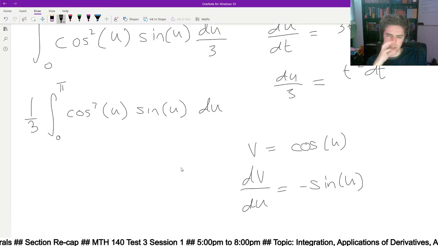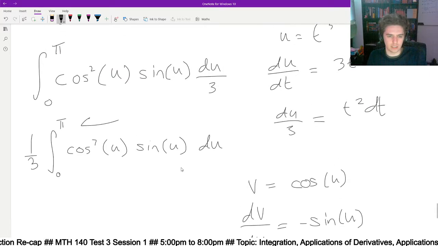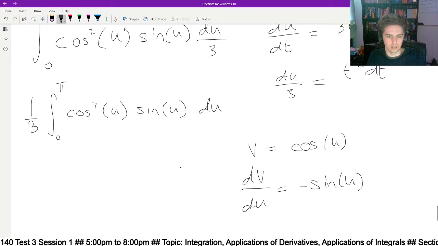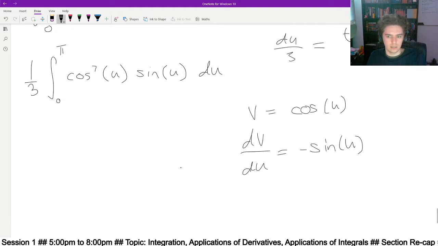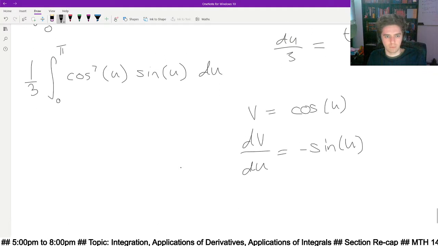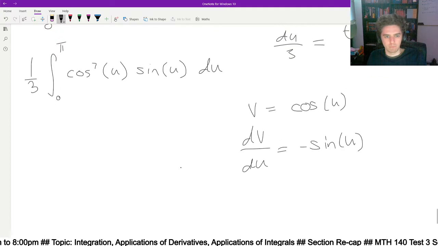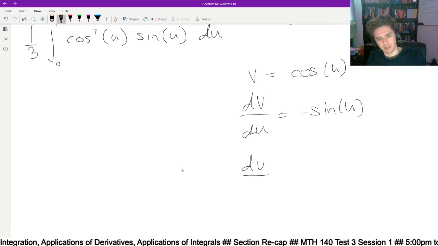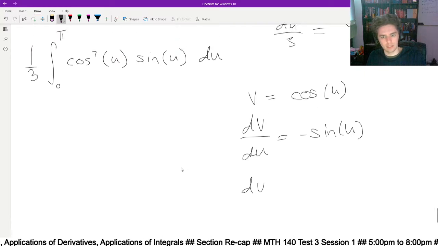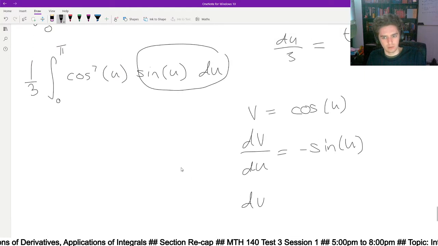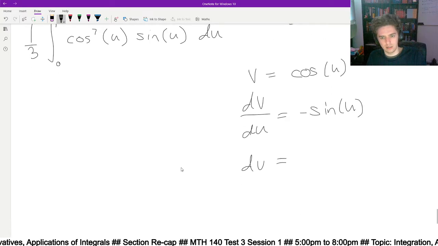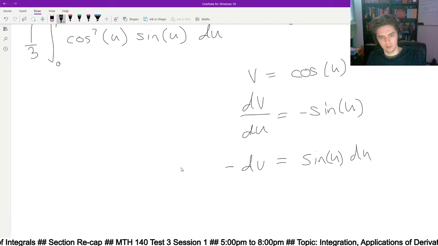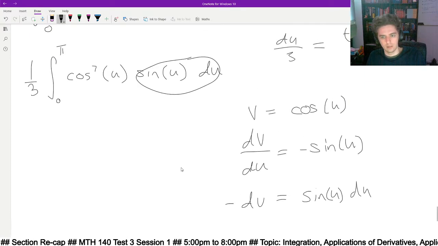Chain rule. Let's see what happens if I don't. I think I don't because I adjusted the limits of integration. Maybe that's why we're supposed to do it, because then it lets you do double substitutions. Yeah, I think you're right, because there's no way you could substitute the old one back in. So, okay, then let's say dv, what am I looking for? So I want sine u du, right? So negative dv equals sine u du. Okay, notice there's our matching set.